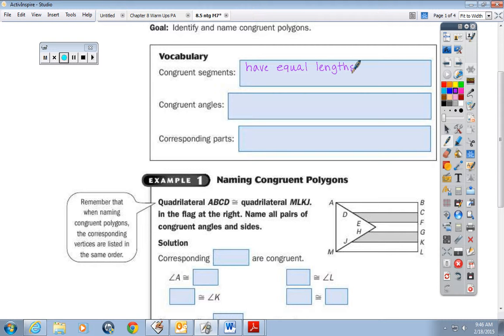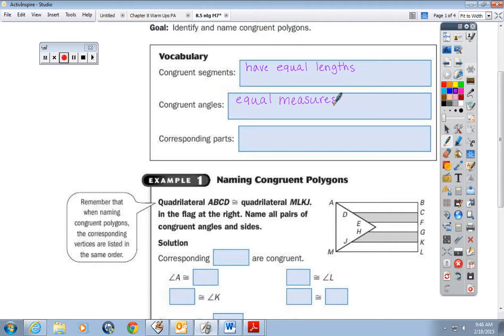So if congruent segments, like line segments, have equal lengths, then congruent angles are also equal. They have equal measures. So if I say two angles are congruent, it means that they're equal.